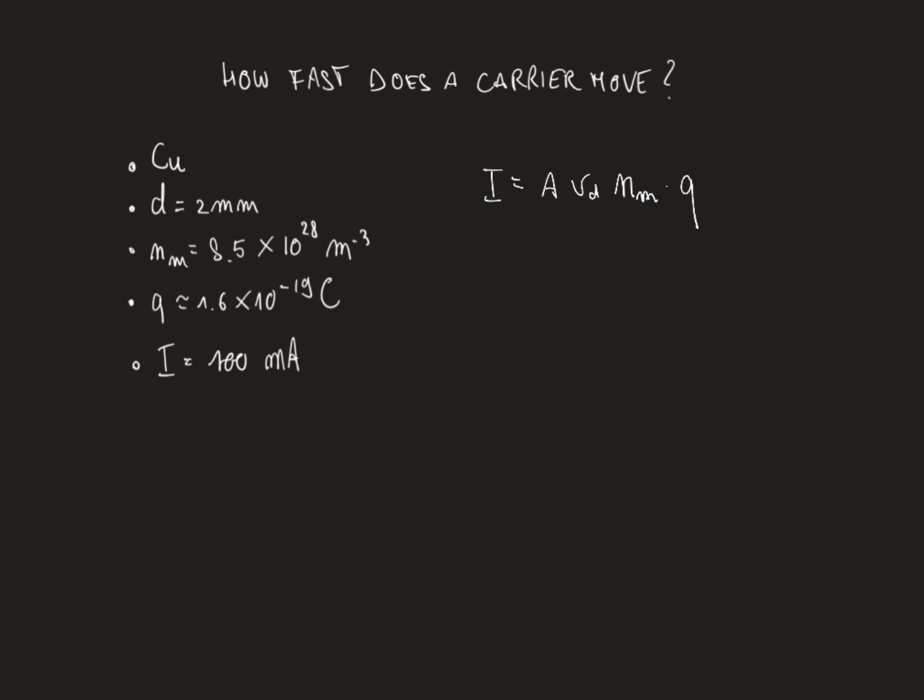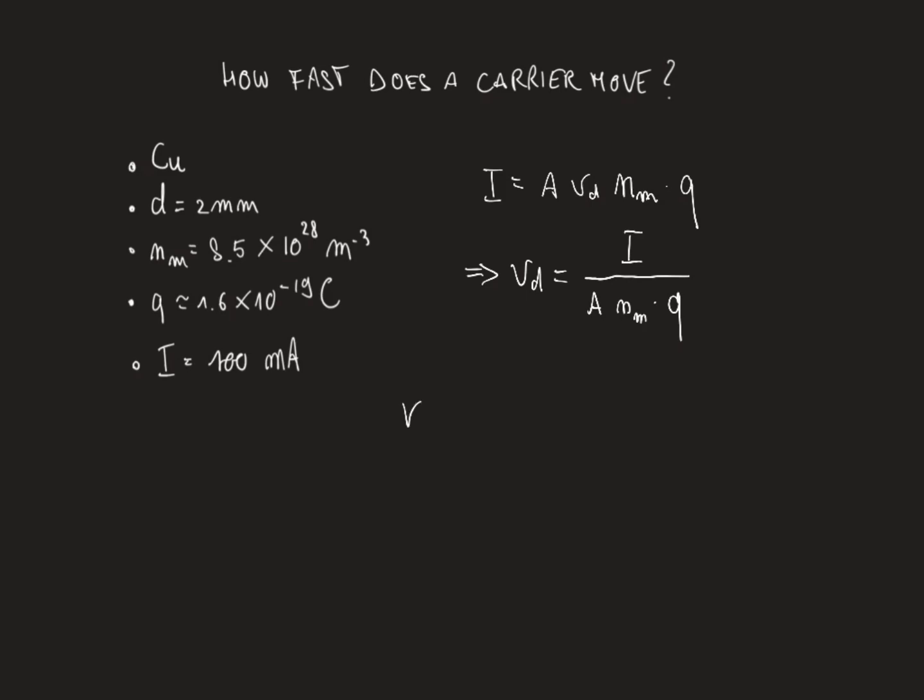From this last relationship, we can find the drift velocity that, remember, is the average speed of carriers in the wire. So we can find the drift velocity as the current I divided by the section area A times the carrier concentration times the elementary charge. We can now replace the symbols in this expression with their value.